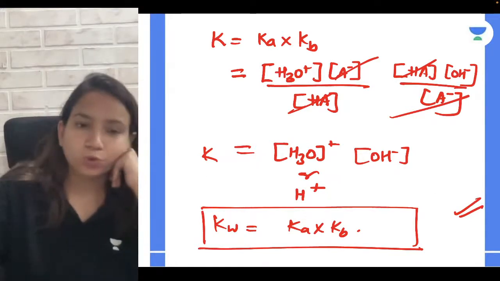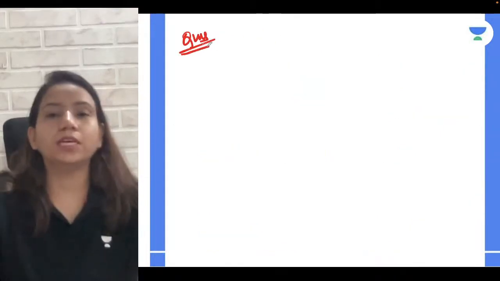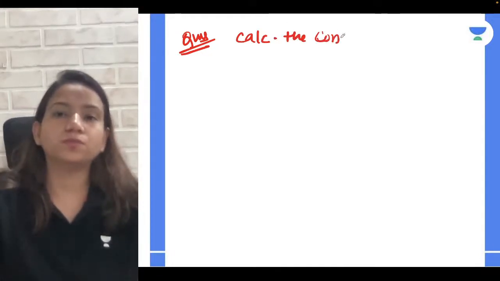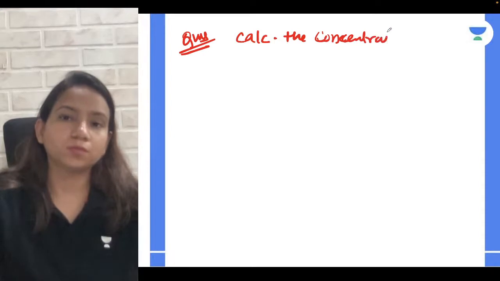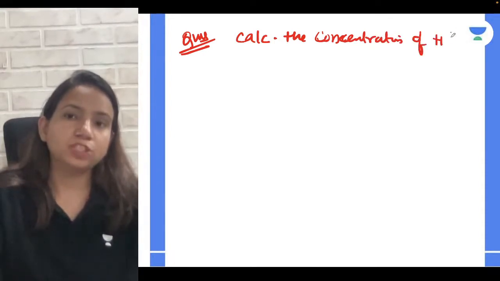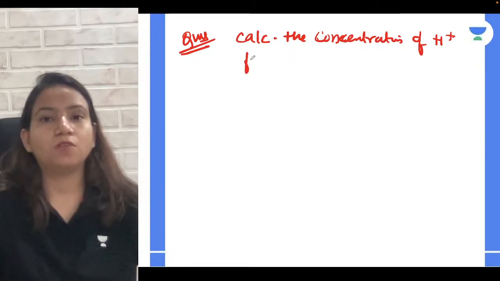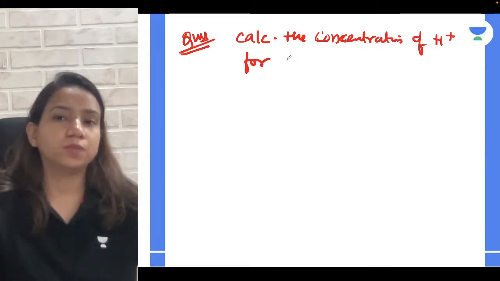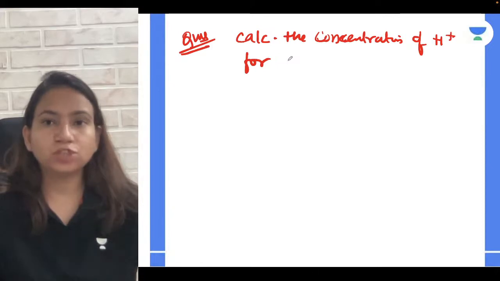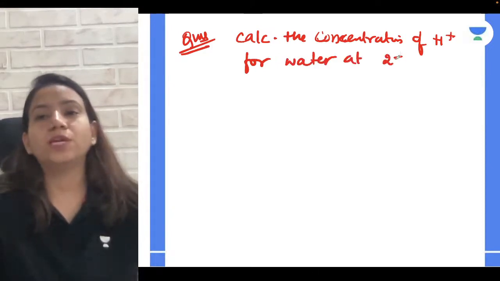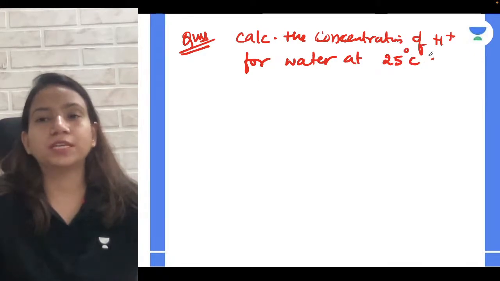Okay, let's just do a few questions, guys. Let's see who will be able to do it. The question is, calculate the concentration of H plus ion for water at 25 degrees Celsius.